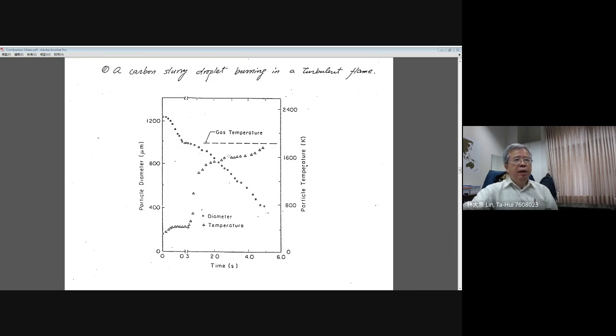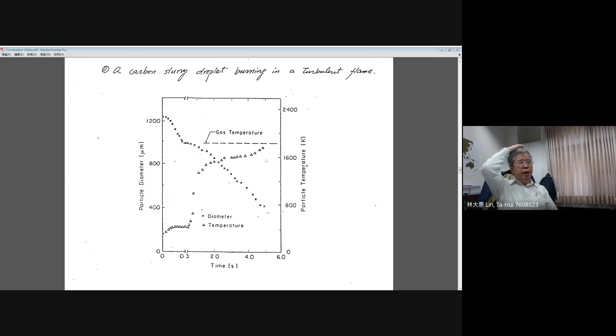There is the gas temperature as a reference, which means you can see the droplet surface for carbon burning can reach a very high temperature. That means the carbon particle burns on the surface, and the surface temperature increases to the flame temperature, because there is oxidation on the carbon particle.